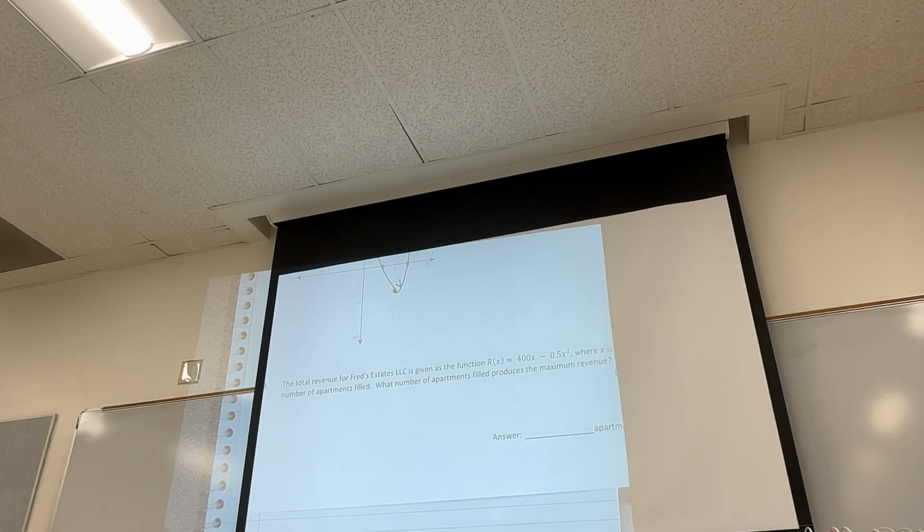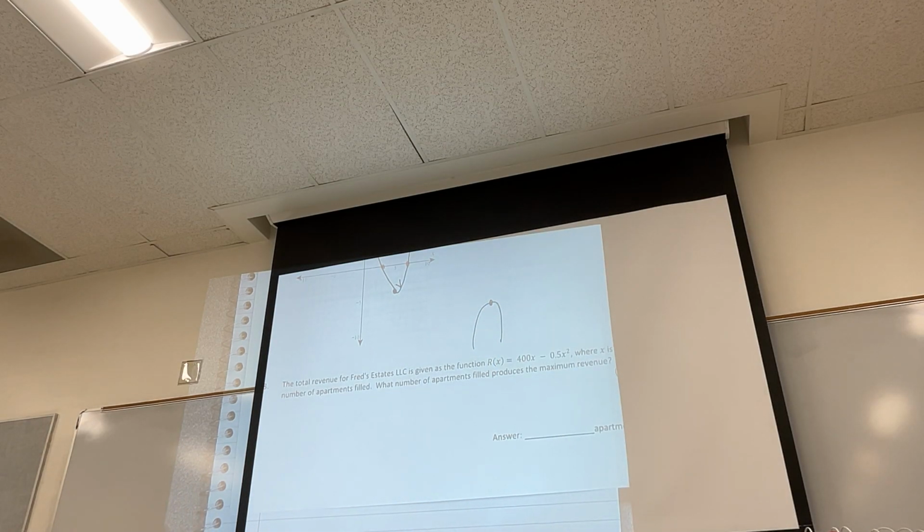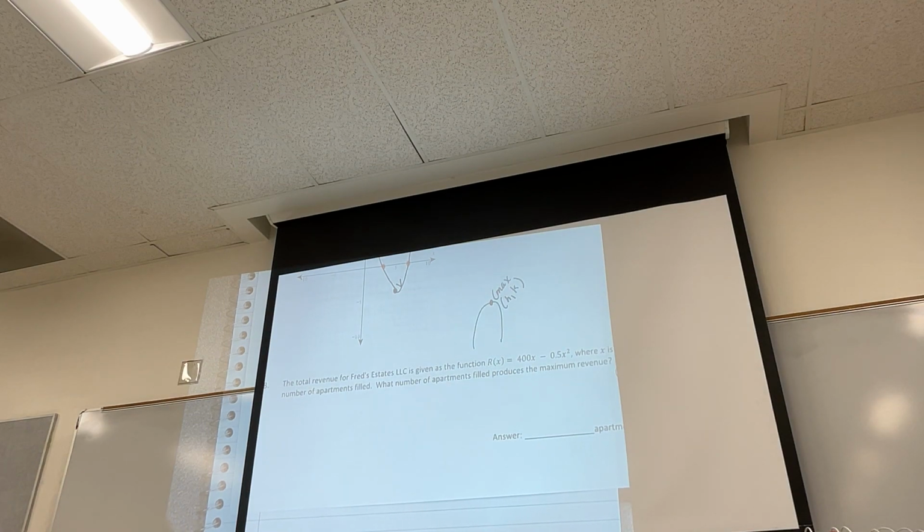What does the word max mean? The highest point. What does min mean? So if I said graph this, everyone in here should automatically assume this is going to look like this somehow. So that means my max is also my vertex, yes? So if that's the case, then we need to find the vertex to find the maximum value.